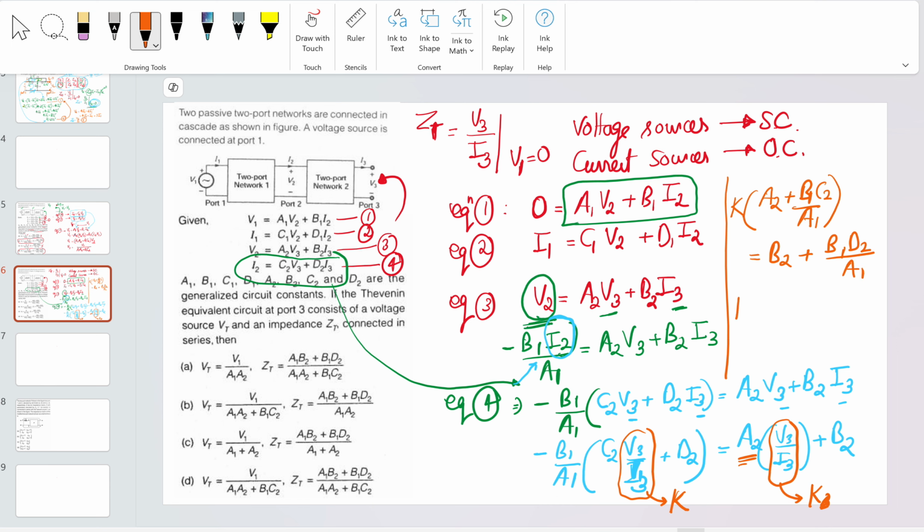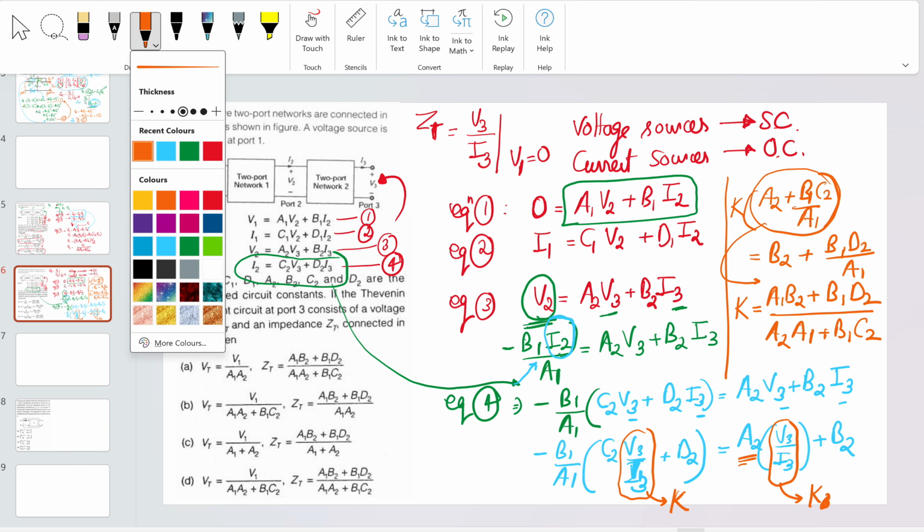Taking A1 as the LCM, that part goes into the denominator, so it will be equal to A1 B2 plus B1 D2 over A2 A1 plus B1 C2. Okay. Let me explain once again.